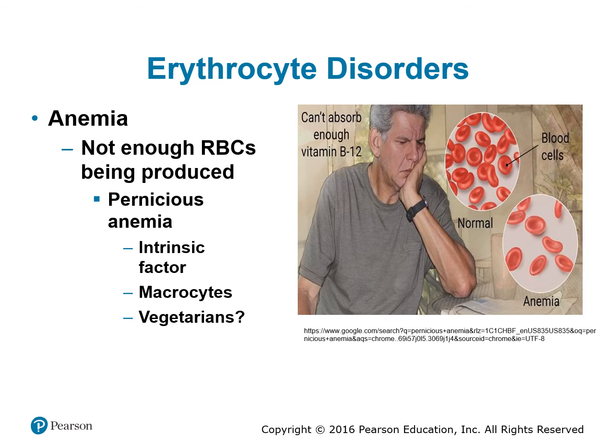Pernicious anemia, also known as Addison's anemia, is an autoimmune disease that can result when there are not enough red blood cells being produced. And what happens in pernicious anemia is that the autoimmune disease begins to destroy the stomach mucosa that produces intrinsic factor. Intrinsic factor is vital to absorbing vitamin B12.